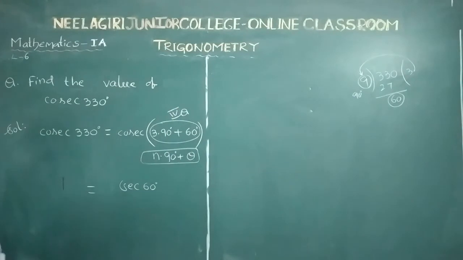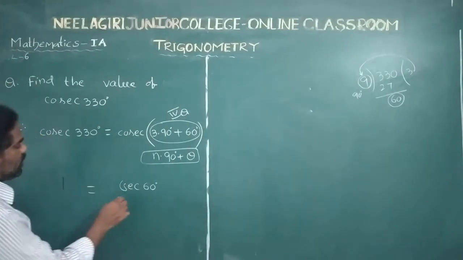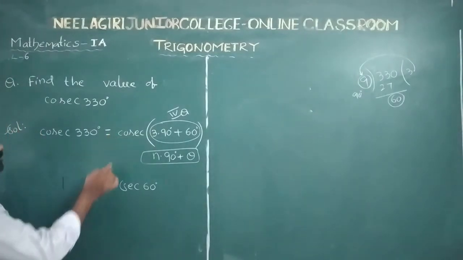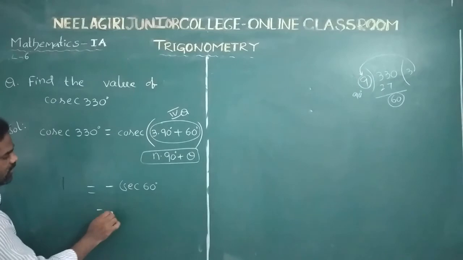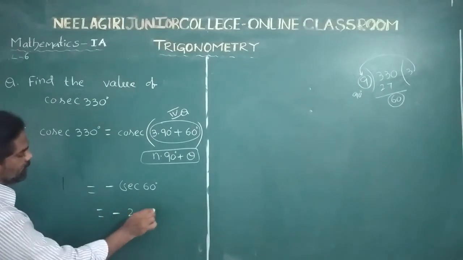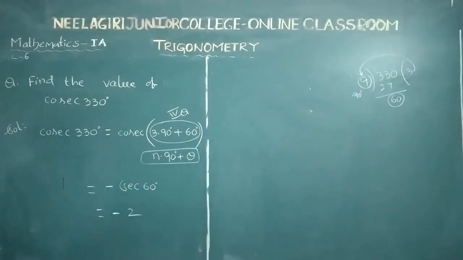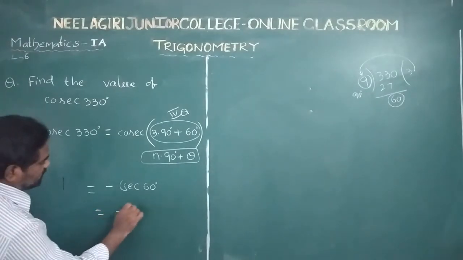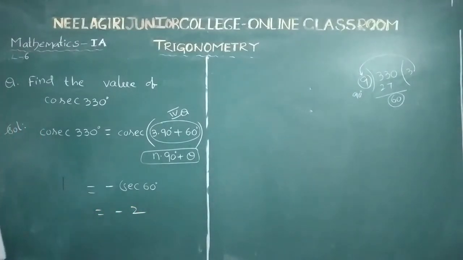Fourth quadrant: 3 plus some angle gives the fourth quadrant. Now in the fourth quadrant the cosec function is negative, so this is also negative. Sec 60 is 2, because cos 60 degrees is 1 by 2, so sec 60 degrees is 2. Understand?